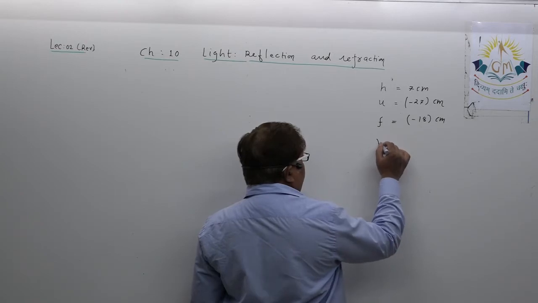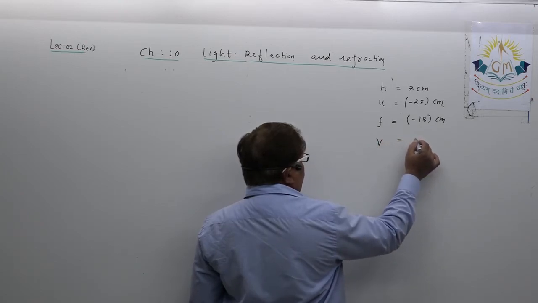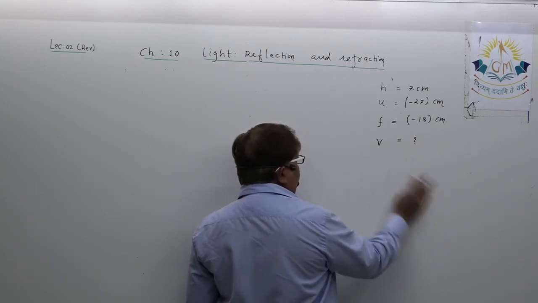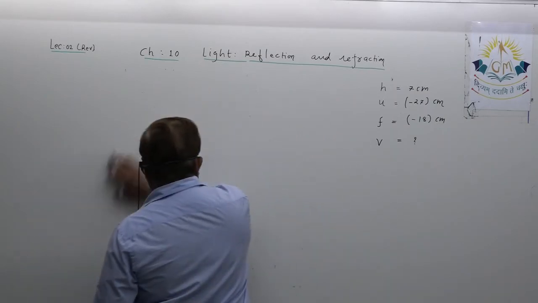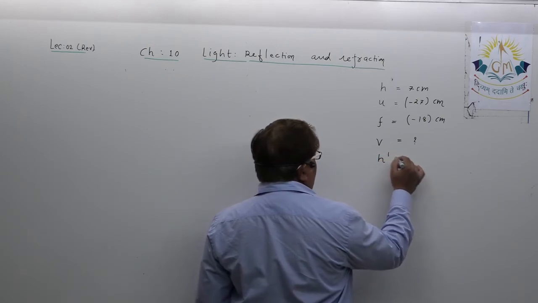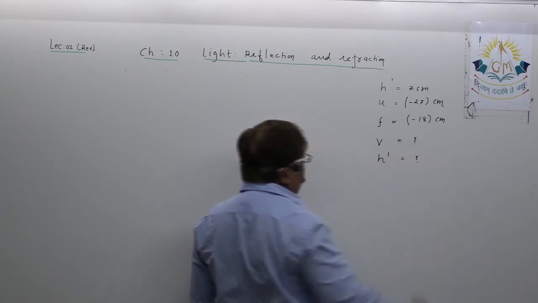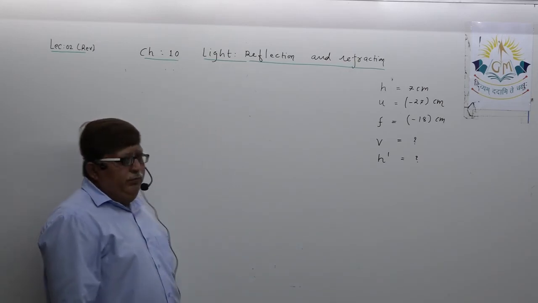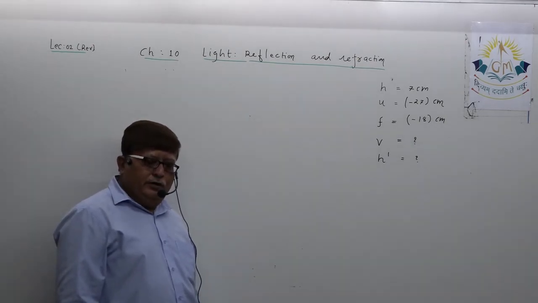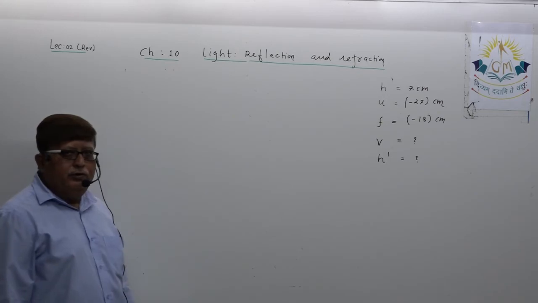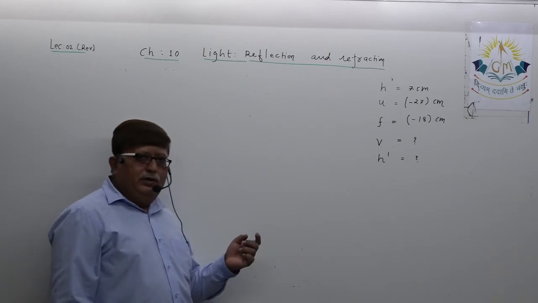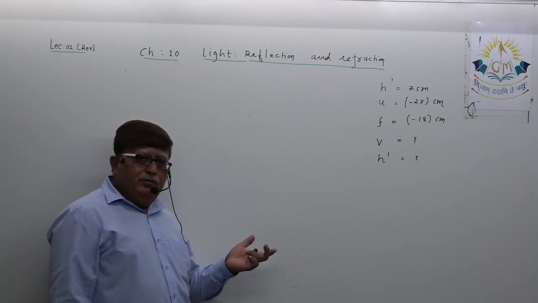You are looking for the position of the image, which means where the screen should be placed to get a sharp and focused image of the object, and at the same time you are also looking for the height of the image. Previous looking example, the similar one, but needs a practice. Understood? More practice will comfort you to solve any such example. That's why we are taking these examples in basic revision.